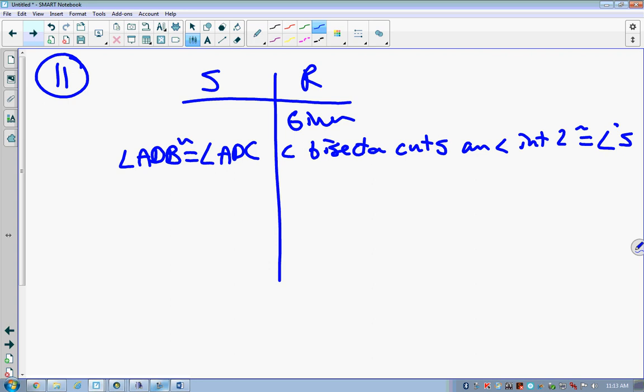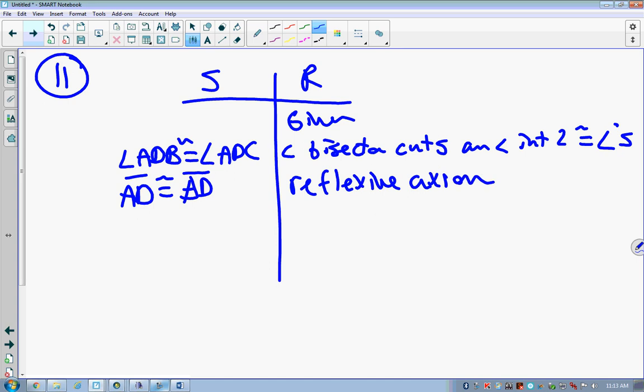Then you've got AD is congruent to AD. Can anybody tell me how that's true? How is anything equal to itself? Reflexive axiom. Okay. All right, then you have another given.